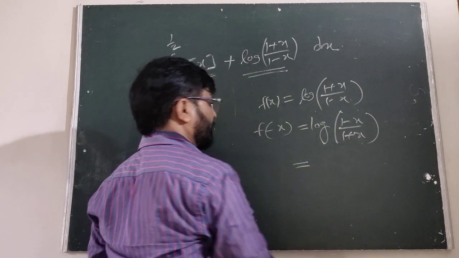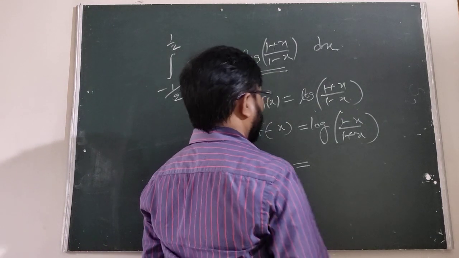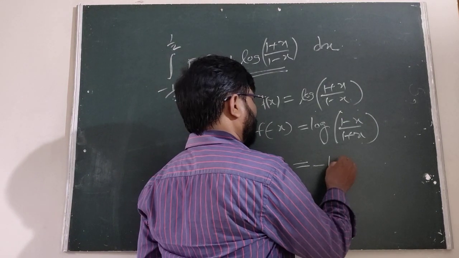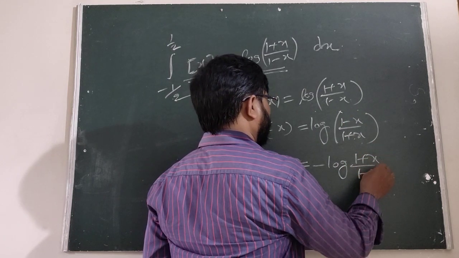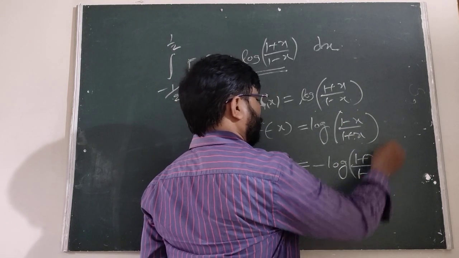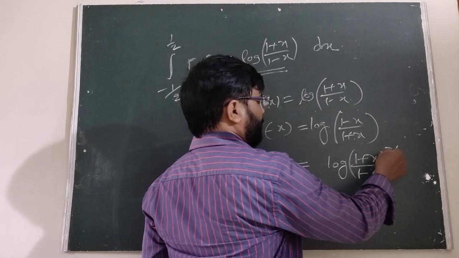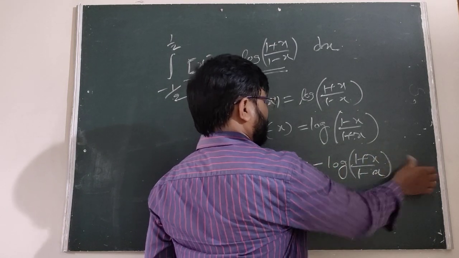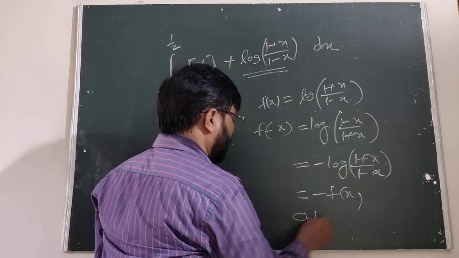Now this can be written as minus, when we take the minus log, we can interchange the numerator and denominator. Why? Because here the whole power is minus 1. Log a power m is m log a. This is minus of f of x.